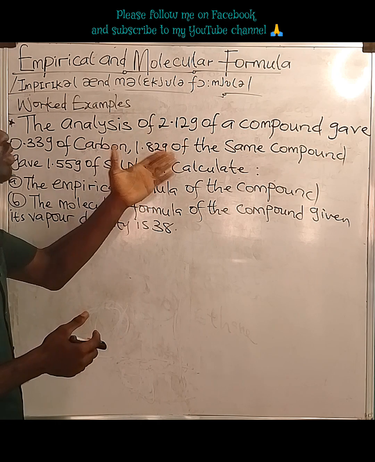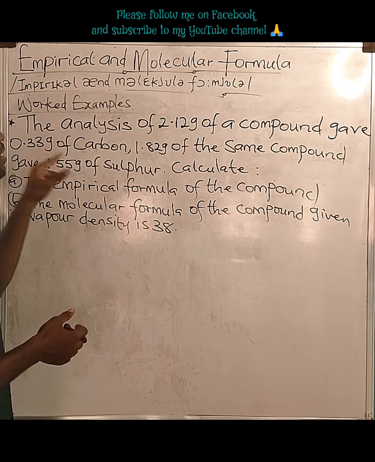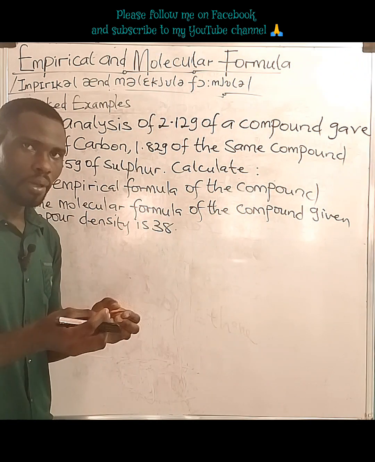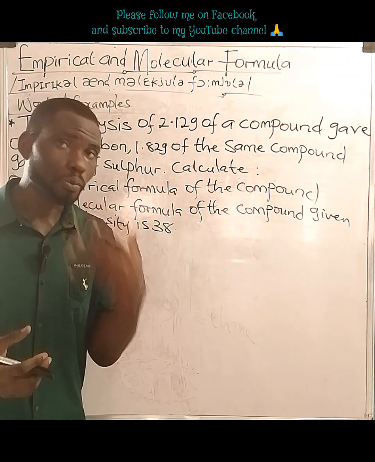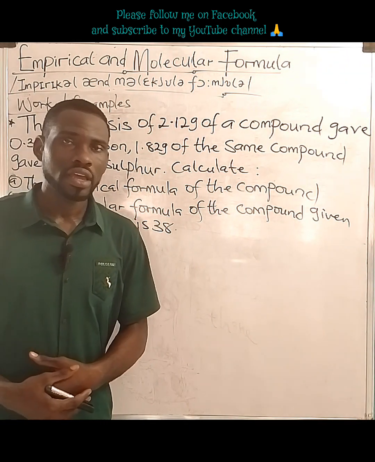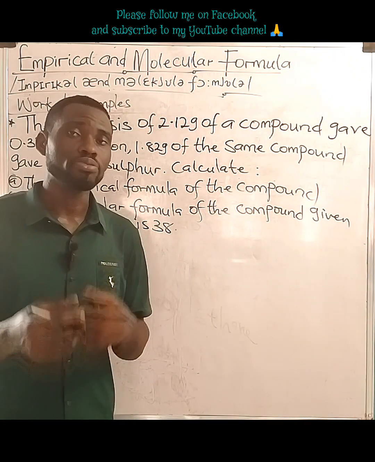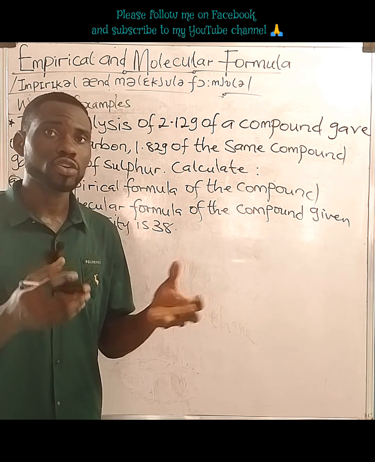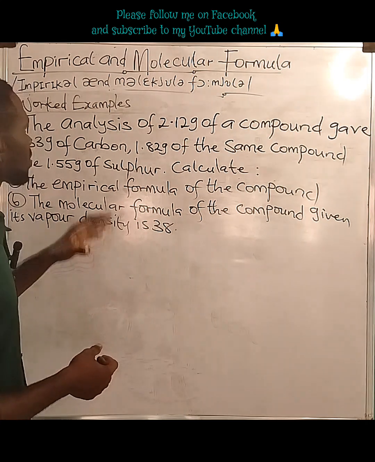The analysis of 2.12 gram of a compound gave 0.33 gram of carbon. That is a sample of that very compound. According to the law of definite proportion, or constant composition, regardless of the method you use in producing a given chemical compound, it does not change the proportion of the elements that make up that compound.